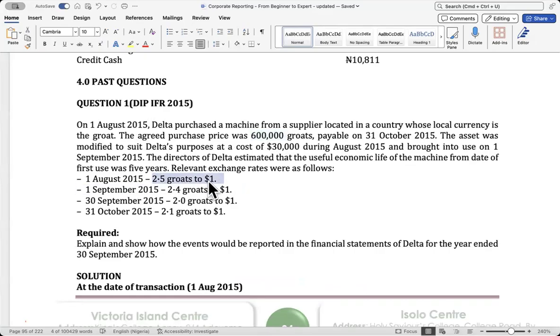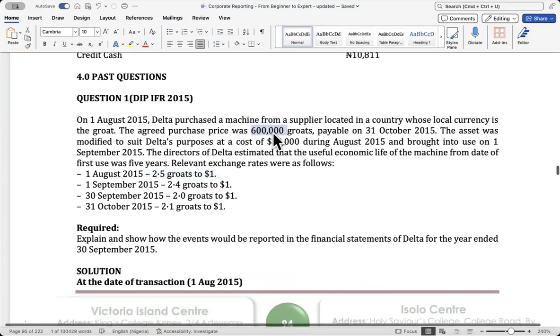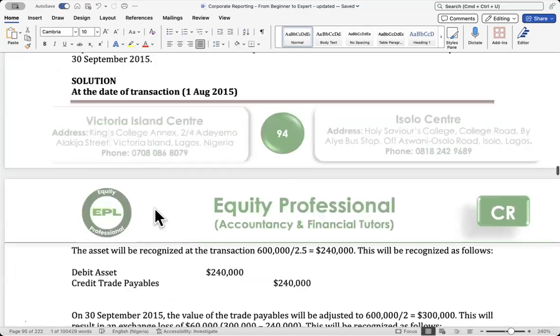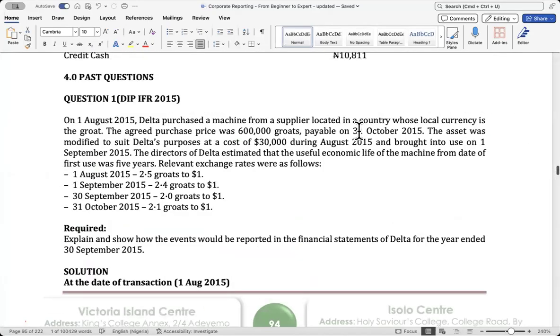The dollar is stronger, so we need to divide 600 by 2.5. So the asset will be recognized at this. We debit the asset and credit payables since we are not paying on that date. So 240 will be there.